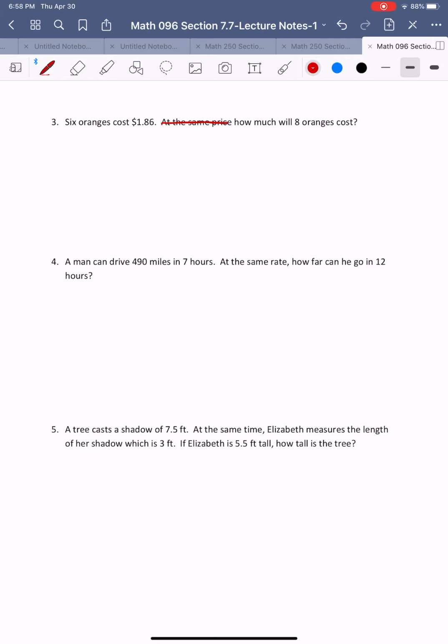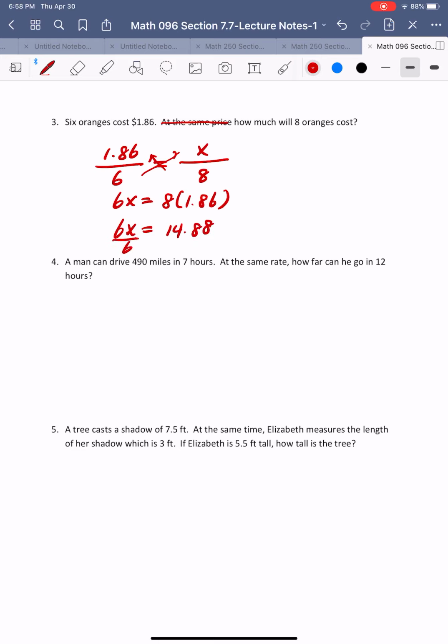So 6 oranges take $1.86, and for 8 oranges, I don't know, so I put it down as a proportion. Cross multiply: 6x equals 8 times 1.86. 8 times 1.86 is 14.88, divided by 6, so x becomes $2.48. Of course, it's going to be more expensive for 8 oranges.